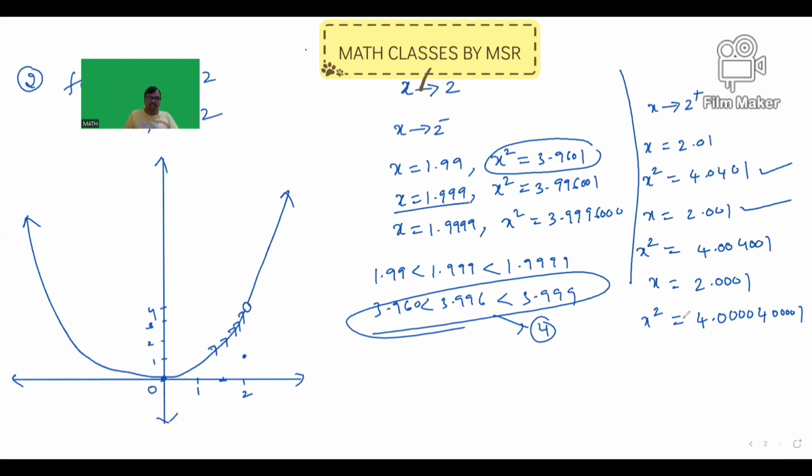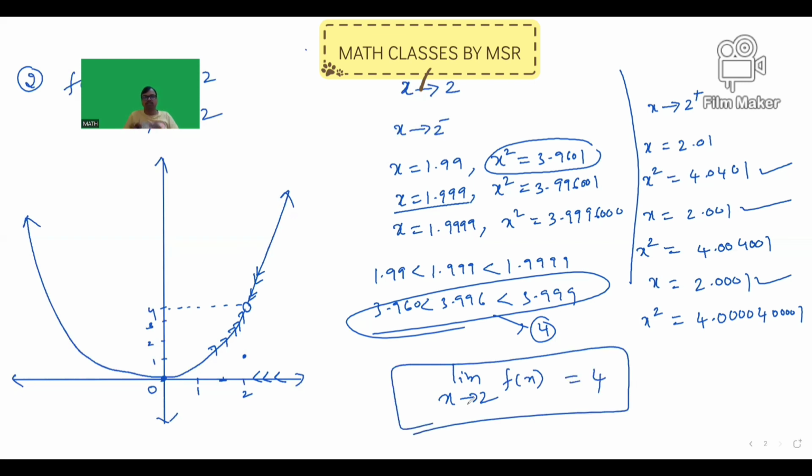Still we are reducing the value of x, meaning as it comes near to 2, the value of f of x is coming near to which value? 4. Right? So as x approaches 2, the given function f of x is approaching which value? 4. This is called the limit of the function.